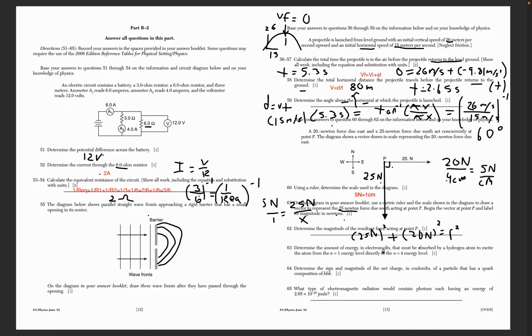and you get 1025 newtons squared equals resultant squared, and take the square root of this, and you get 32 newtons, which means that if we were to draw a vector, this would be 32 newtons.